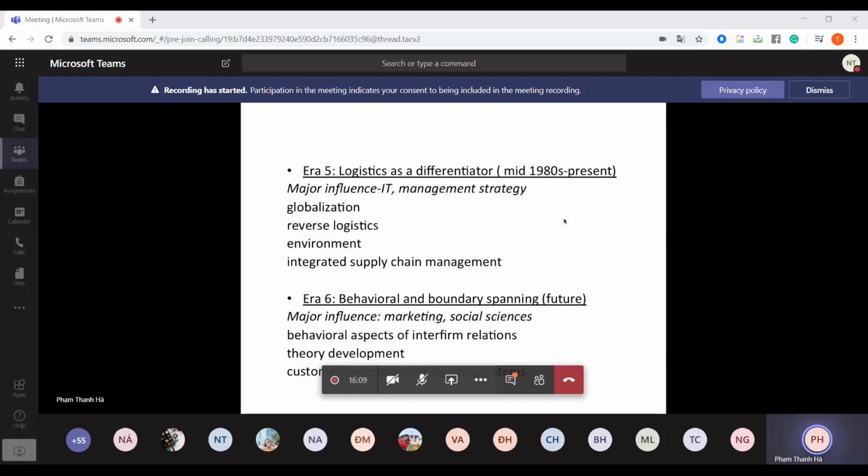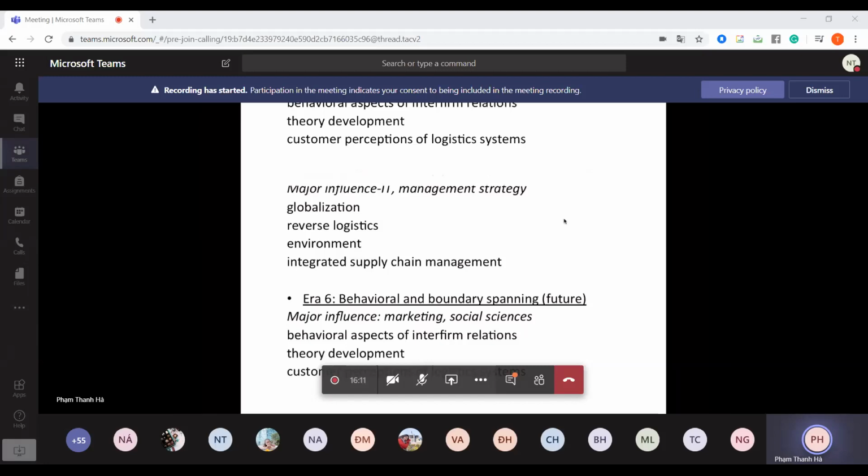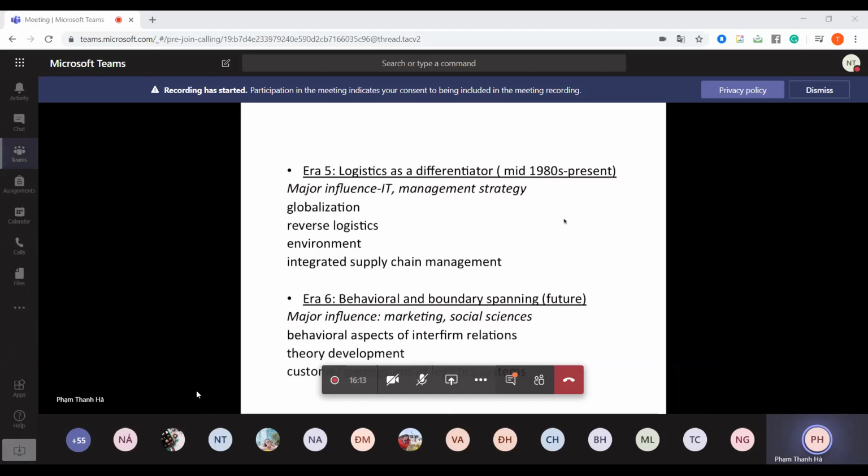So it means we are in era number 5, and of course we are reaching era number 6 a little bit. We still need more time to reach the whole concept of era number 6.